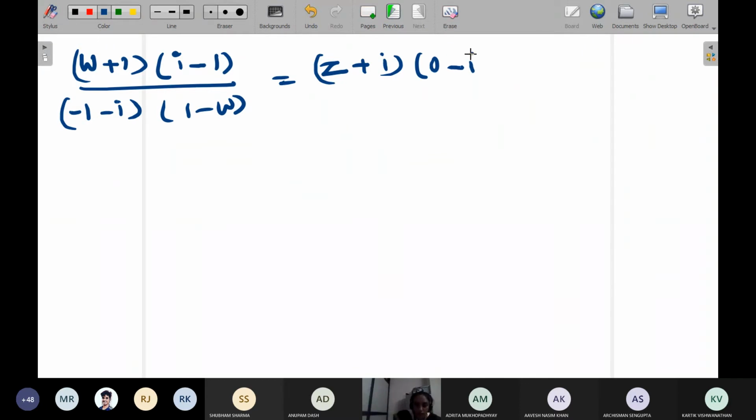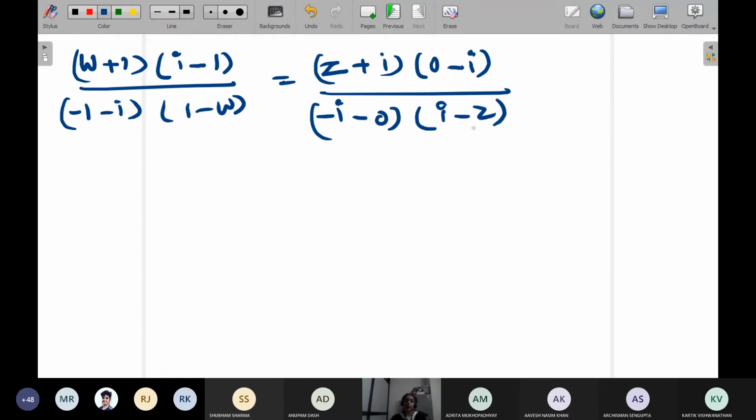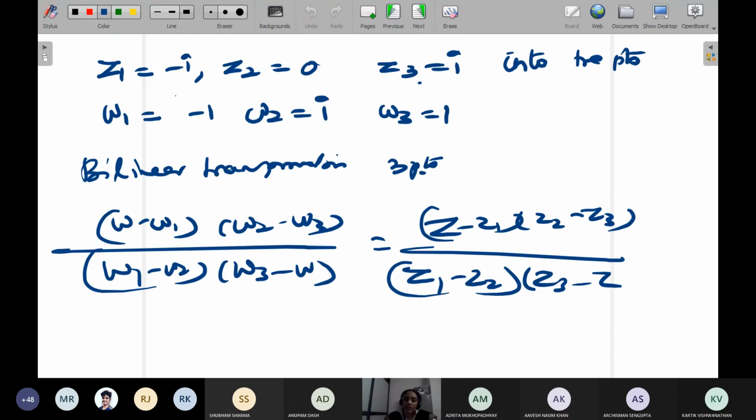Z2 minus Z3 is 0 minus I, divided by Z1 minus Z2. Z1 minus Z2 is minus I minus 0 into Z3 minus Z. Okay, what did I do? I just substituted these points in these values. That's all.